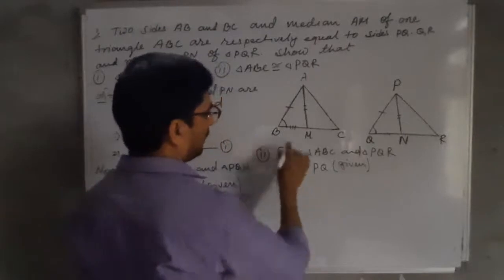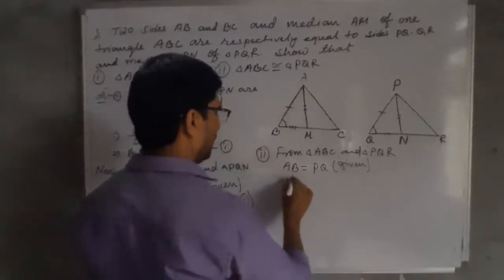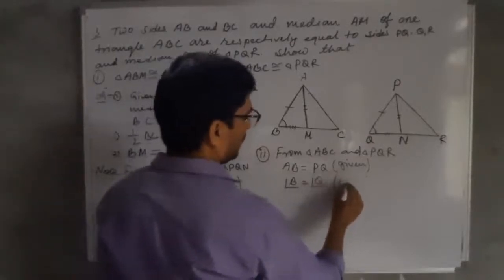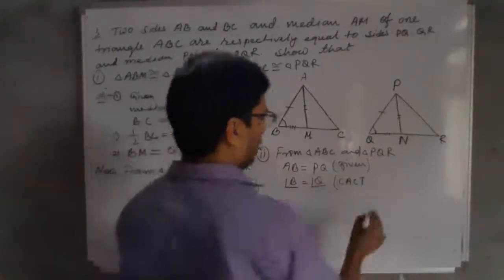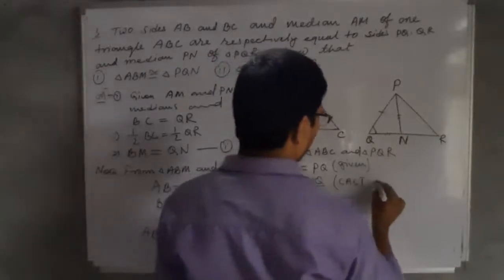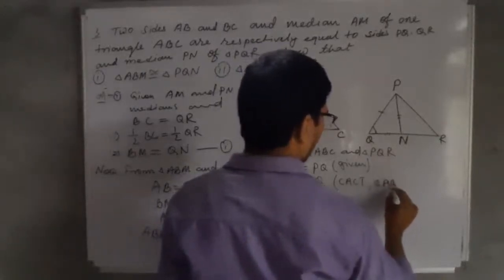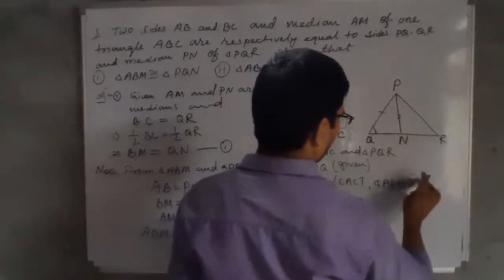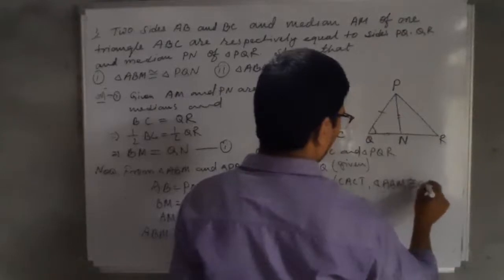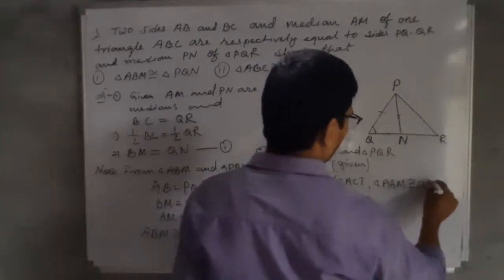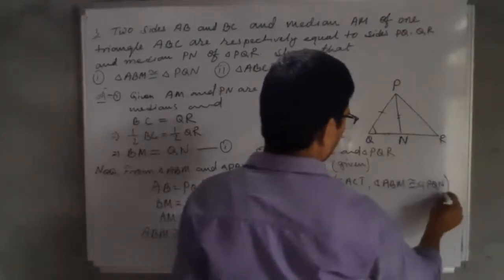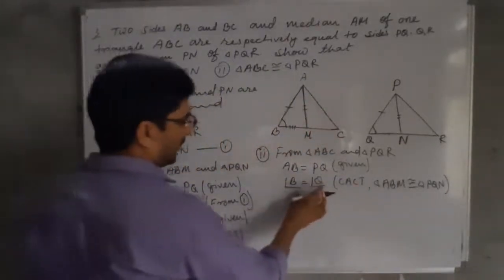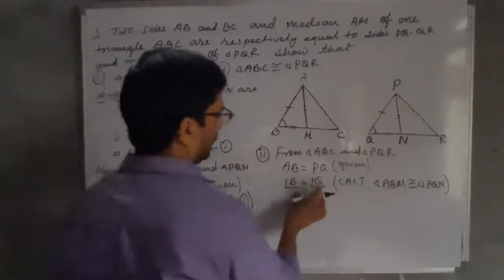And then you can write angle B equal to angle Q. This is CPCT. Okay, from where? From triangle ABM congruent to triangle PQN, from here CPCT we have written. That means these two are congruent. That's why the corresponding angles are equal. So this B equal to Q.